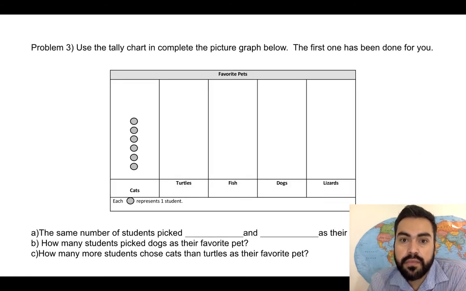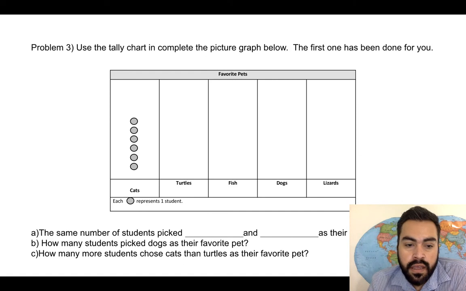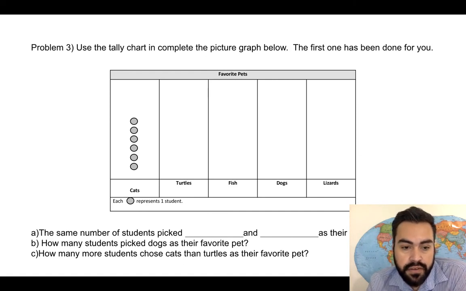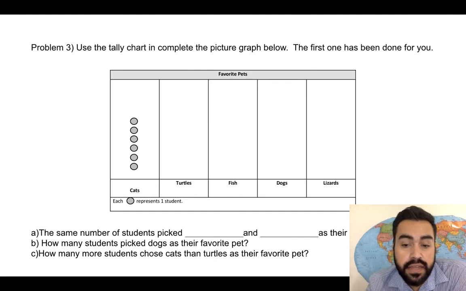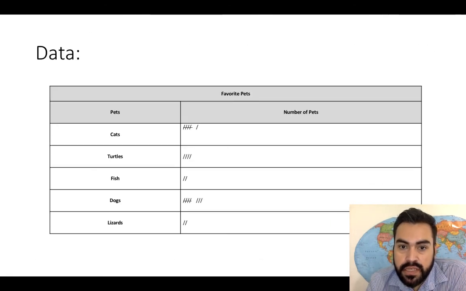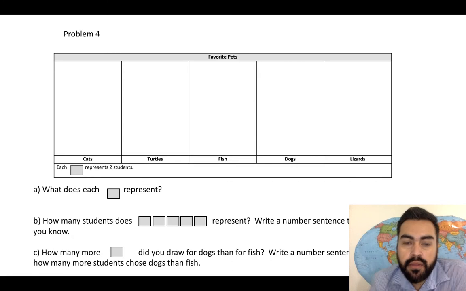This will start making more and more sense. How many students pick dogs as their favorite pet? How many more students chose cats than turtles as their favorite pet? So again, we're going to use this data to do problem number 4.